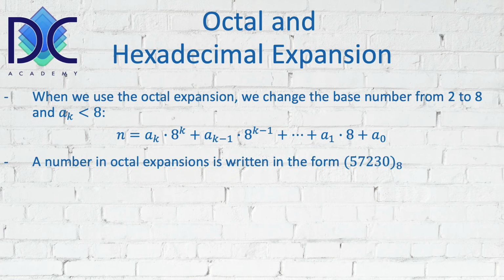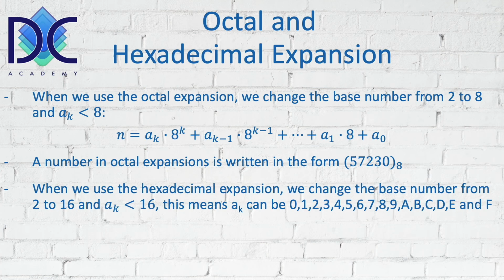And when we find a number in octal expansion, we find it under the form 57230 with the index 8. So basically the 8 is clarifying that this is a number written in the octal expansion. And we have to be sure how we have it, because if we don't put that number here, we may be confused.